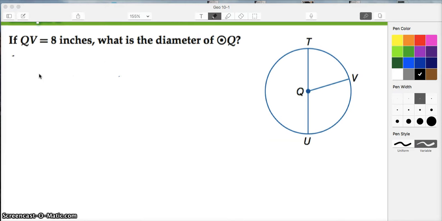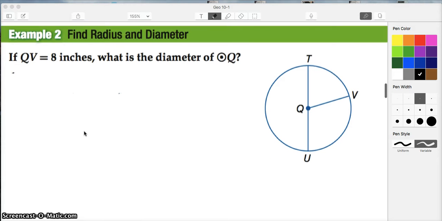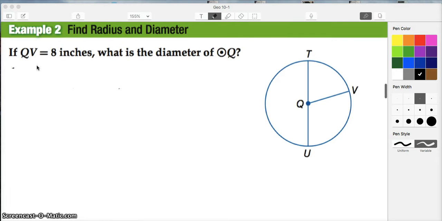All right, so here in example 2, we're going to find the radius and diameter. If QV, this segment here, is 8 inches long, and anytime you have a geometry problem or a figure, you want to start writing right on the picture. I've said that before, but I want that to be a thing that you do, as long as it's not a textbook you've got to return or something.